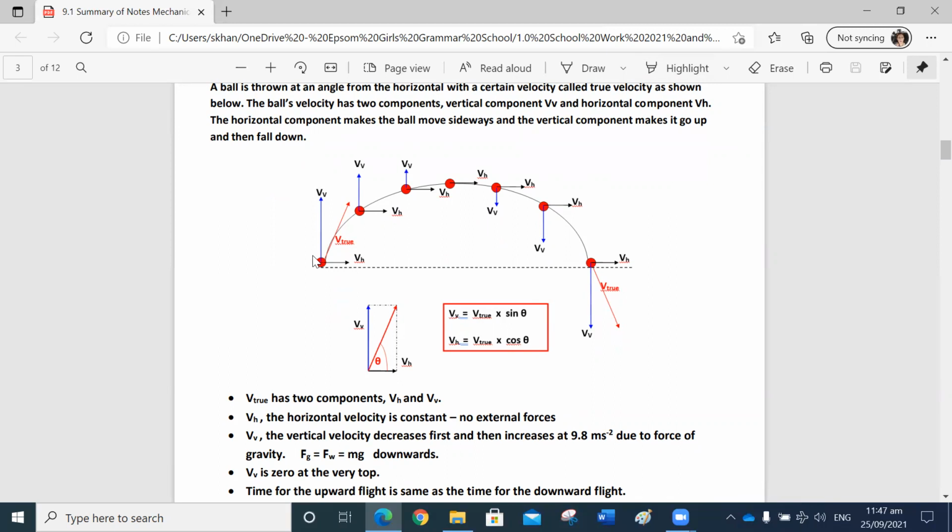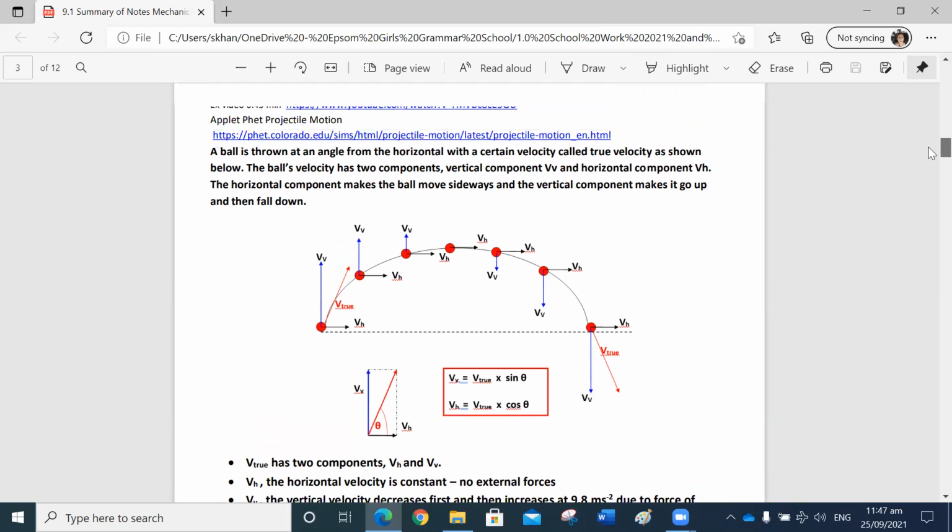Then quite often we divide it into two parts. So first part is this part of the projectile motion. So we can calculate the time using one of the kinematic equations, because if we know the initial vertical velocity, and if we know the final vertical velocity over here is 0, we know gravity is g.